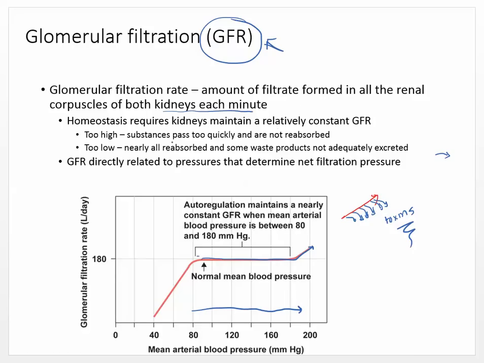If it's too high, substances pass too quickly, so I mentioned that. And if it's too low, too much may be reabsorbed, and we may actually keep some toxins or some waste products that we wanted to get rid of as urine. So GFR is directly related to the pressures that determine the net filtration pressure.